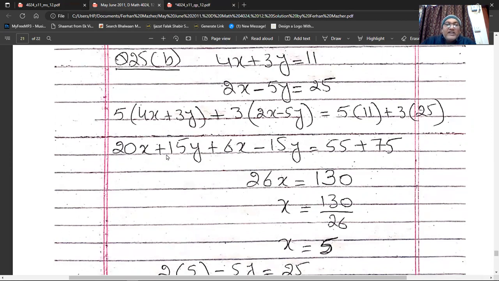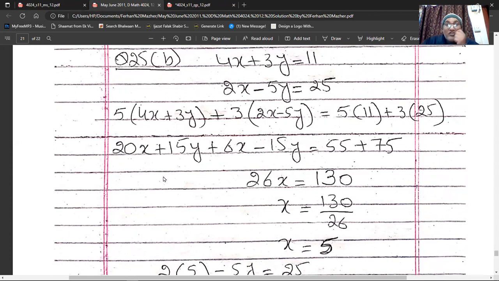So this will become 20x plus 15y plus 6x minus 15y equals 55 plus 75. Plus 15y minus 15y will be cancelled. So you are left with 26x equals 130. So x will be equal to 130 divided by 26, and 26 times 5 is 130. So x is 5.